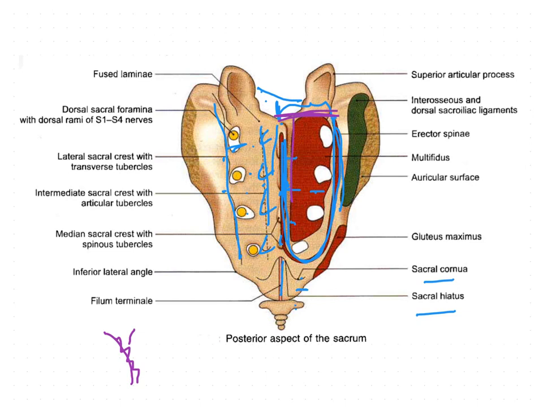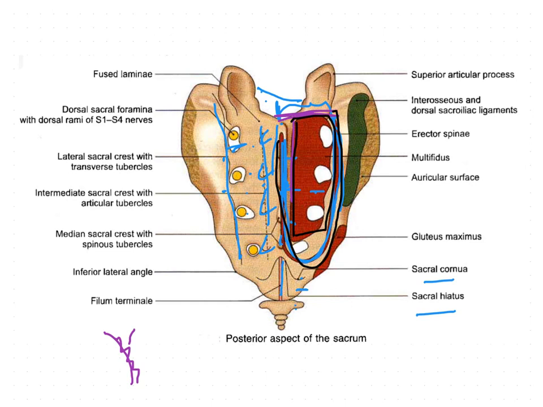So the multifidus arises in between the spinous processes and transverse tubercles, within the U-shaped origin of the erector spinae. So these are the attachments on the posterior aspect of the sacrum.